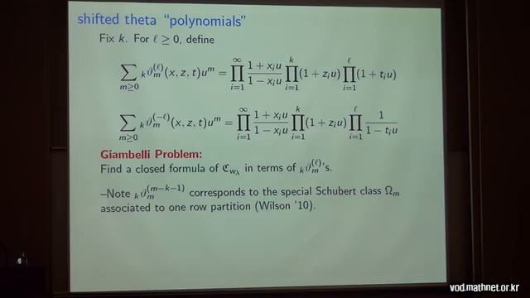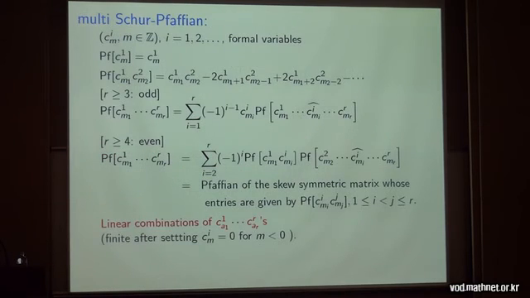So what's the Pfaffian? The Pfaffian is usually defined for skew-symmetric matrices, but there's a generalized version of the Pfaffian called the multi-Schur Pfaffian. This is something Schur invented. So this is the notation: we use these formal parameters C, a sequence of parameters. If you insert one parameter, it's just C_{m1}.